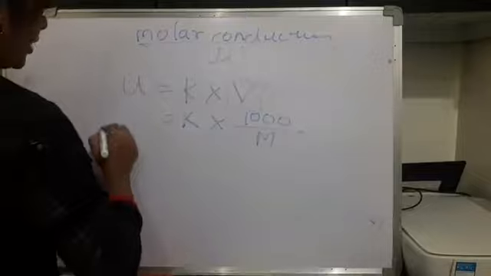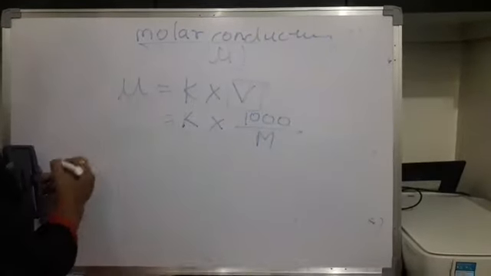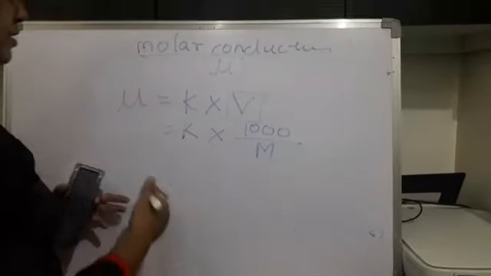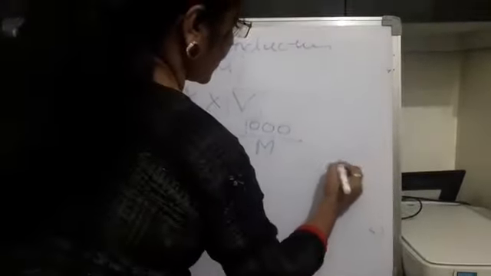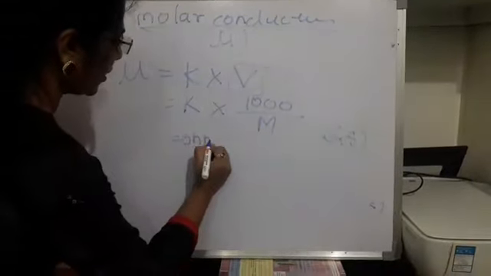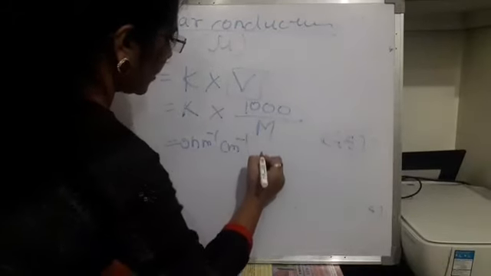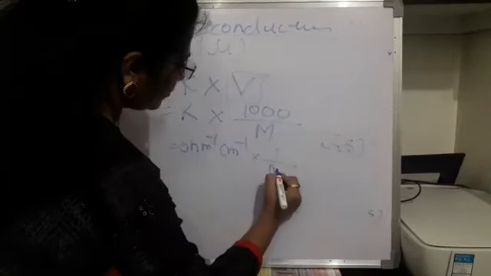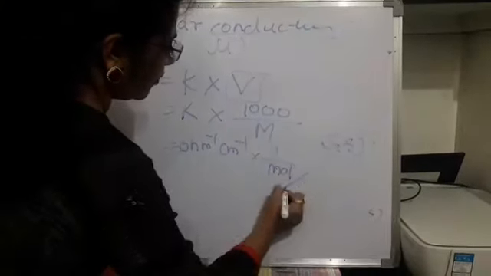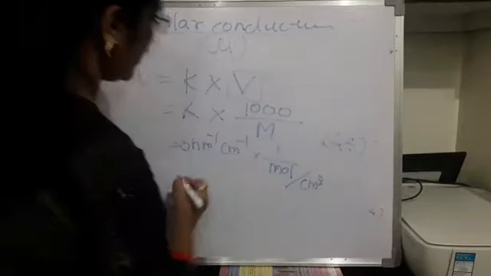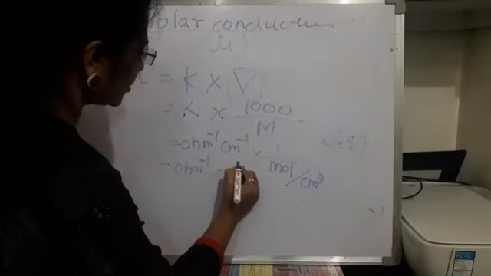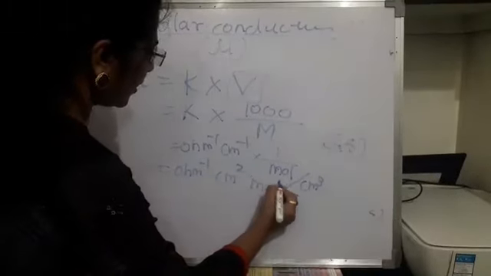Then again the unit is measured in the CGS system and the SI system. Firstly the CGS system: ohm inverse centimeter inverse, into 1 upon moles per centimeter cube, so ohm inverse centimeter square mole inverse.